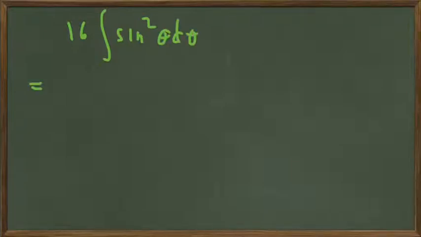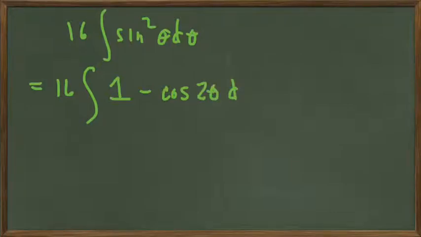We use the identity that applies when we have an even power of a trig function, which is 1 minus cosine 2 theta divided by 2. I'm going to put the over 2 out front of the integral, and so we're integrating. We can complete the integration, and so we've got 8.